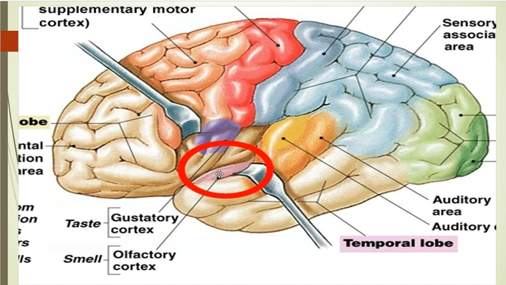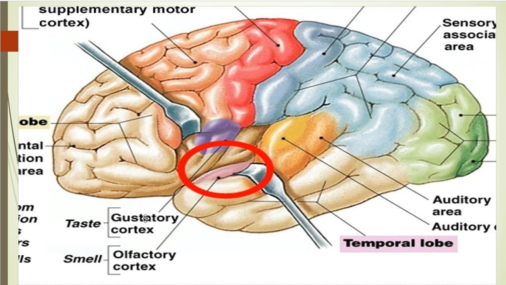It accepts the fibers from the ipsilateral olfactory bulb and subcortical centers. The olfactory system is a single unit with fibers that bypass the thalamic nuclei on the way to the destination point. The olfactory cortex is also responsible for analysis of gustatory impulses. That means taste; olfactory is for smell.